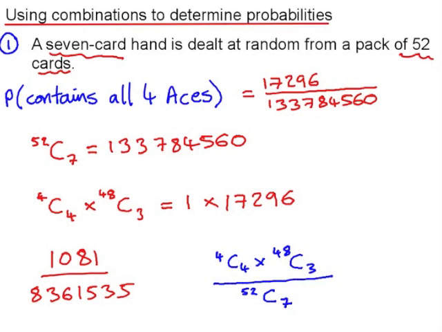And your calculator will work this out if you just enter it like this. But it's helpful to write it down in this way as a check, because we can see that the 4 and the 48 together sum to the 52, and the 4 and the 3 sum to the 7.